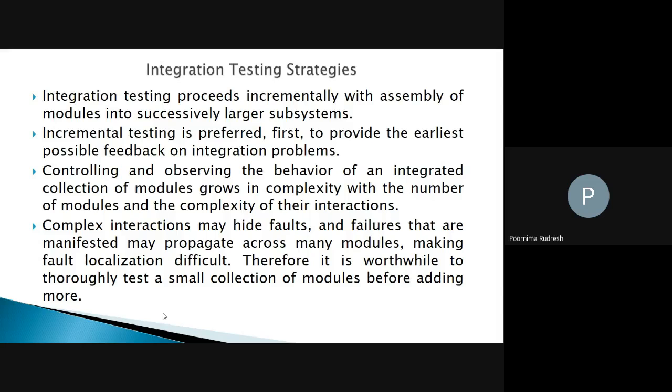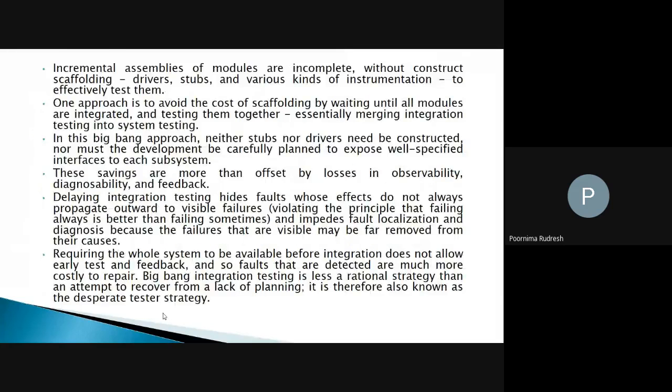This procedure we have to do incrementally, because if you combine all the modules together at a time, and one of the modules is not working, then it may affect the entire system. To avoid that, we have to perform the module testing in an incremental manner. Incremental assemblies of modules are incomplete without constructing scaffolding, driver stubs, and various kinds of instrumentation to effectively test them.